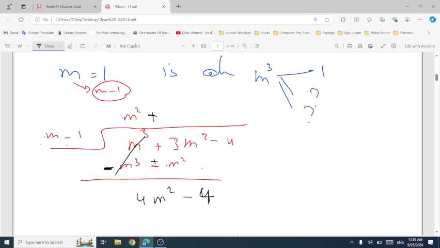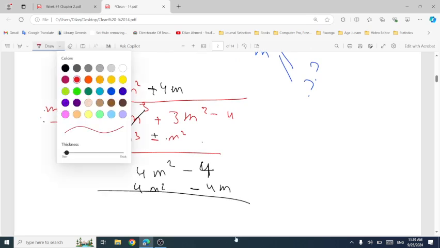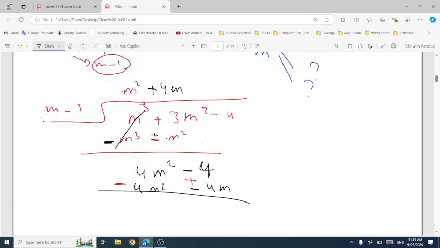And I need plus 4m. Am I right? 4 multiply here, I'll get 4m squared. 4 multiply here, I'll get minus 4m. Understood? Again, change the sign. I will get 4m minus 4. Clear?